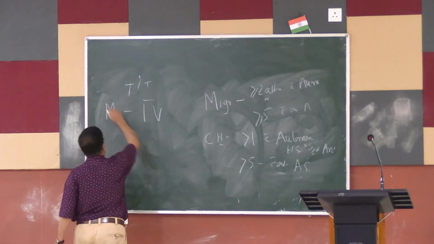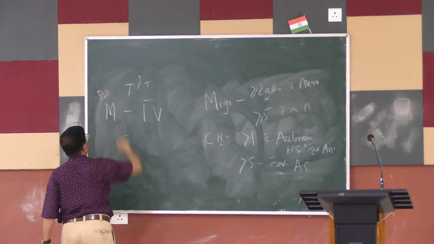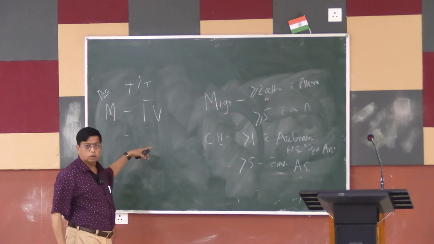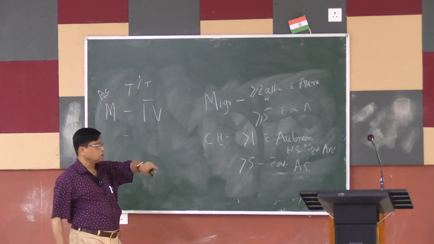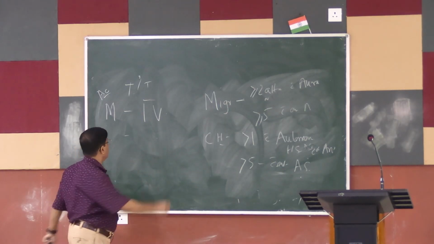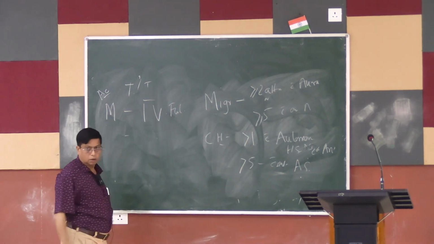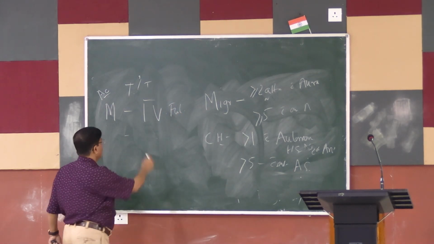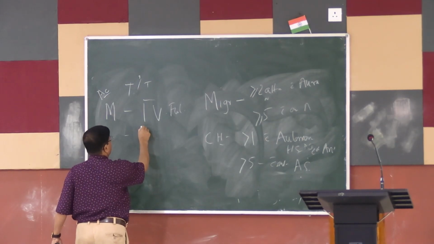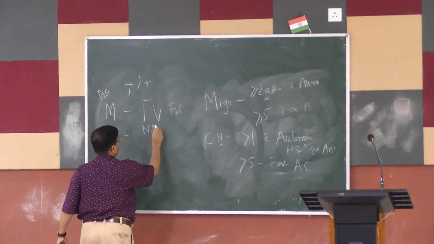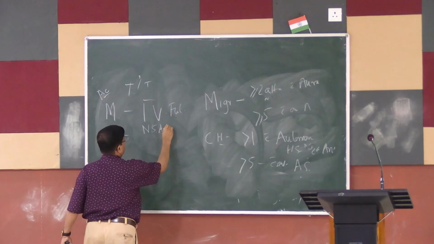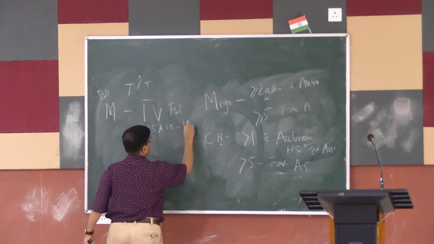This is the acute treatment. Migraine acute treatment is IV fluid, because I have told you dehydration causes aggravation of migraine. So IV fluid is the first treatment. Then for NSAID, we have IV ketorolac.